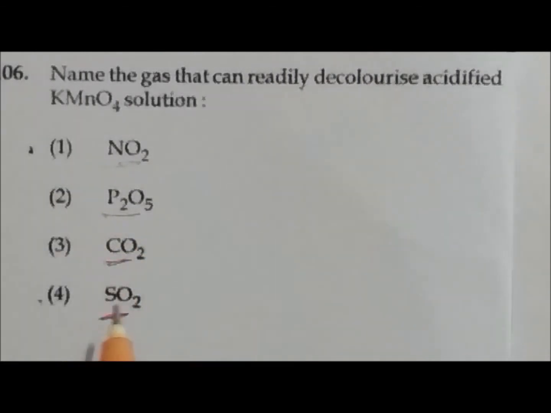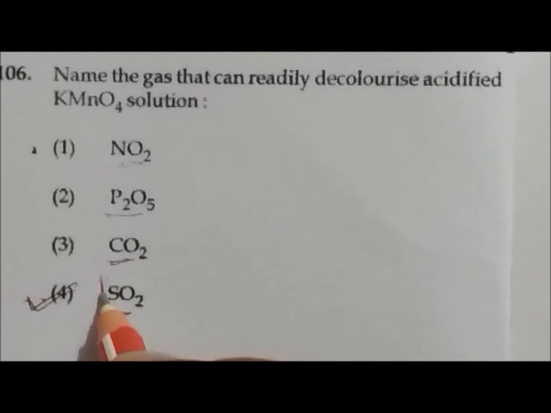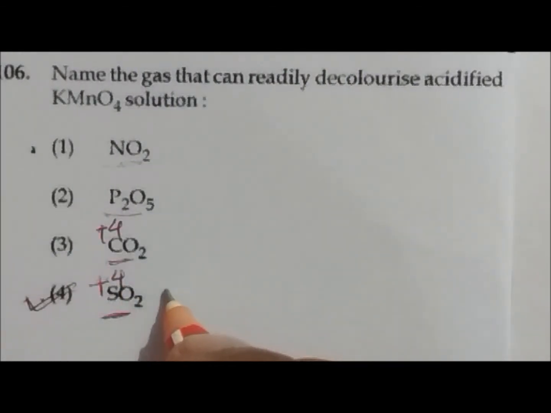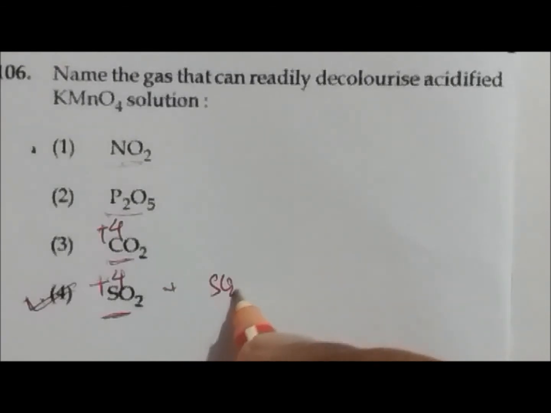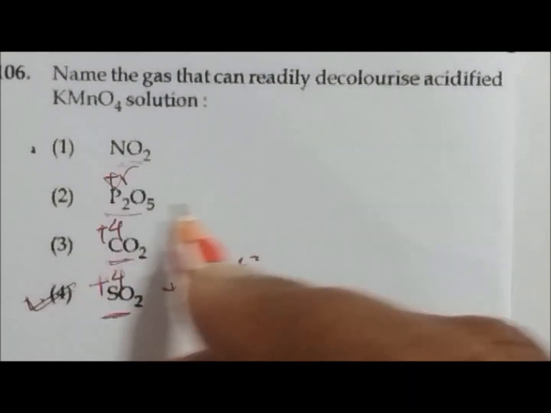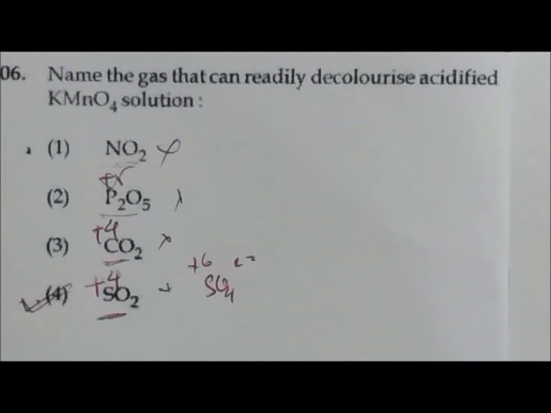So answer 4 is correct. This is the +4 state, and +4 can be converted into sulfate compounds, so +6 is possible. The remaining, like the +5 state, are not possible.